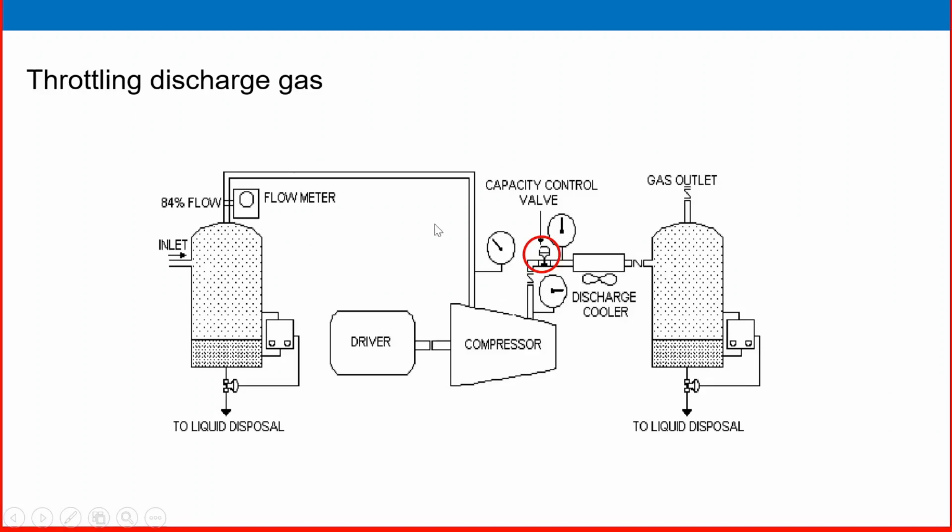The first case is discussed with the help of a diagram. For throttling discharge gas, the suction scrubber is there, and the gas is entering the compressor suction side, driver is there. In the discharge side, it is going to the cooler and the intermediate knockout drum. So here we use a capacity control valve, a throttling system, to maintain capacity control in the discharge side.